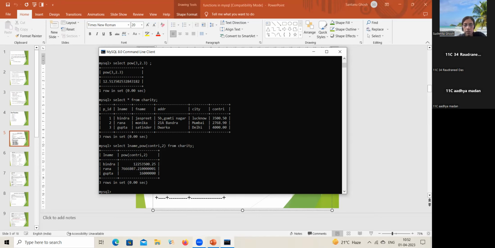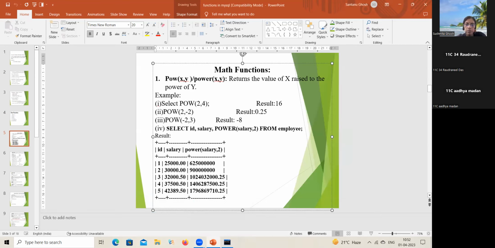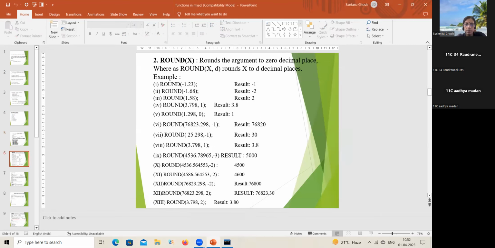Okay. Let's move on to the next one, which is little tricky when we move on to a few set of examples in this. That is your round function. Mathematically, we understand round. Rounds off to the next whole value. Okay.